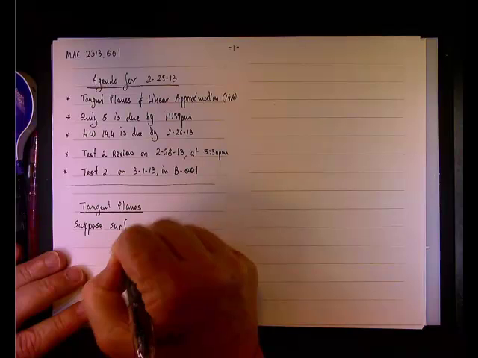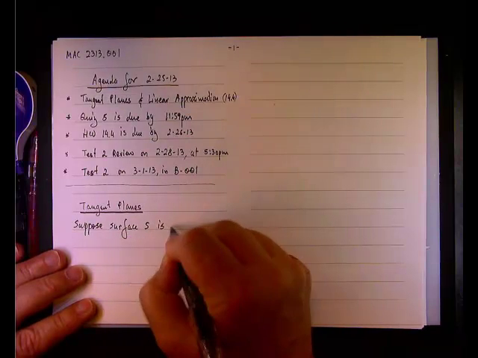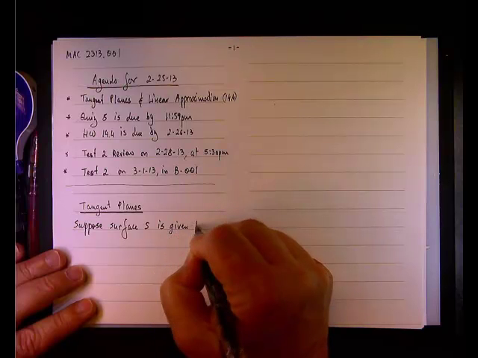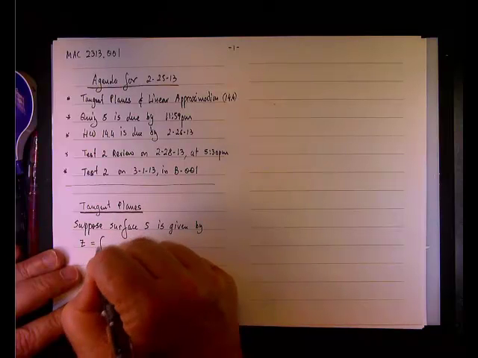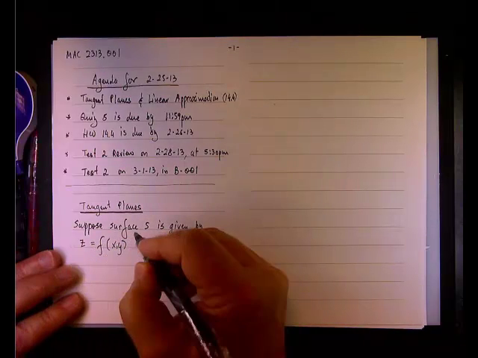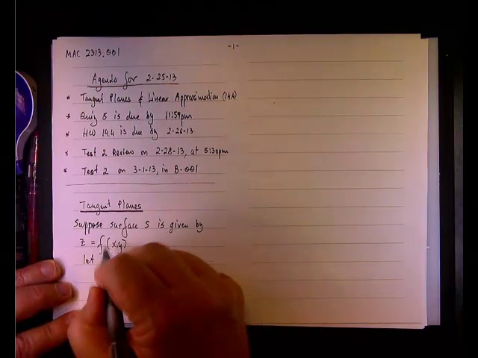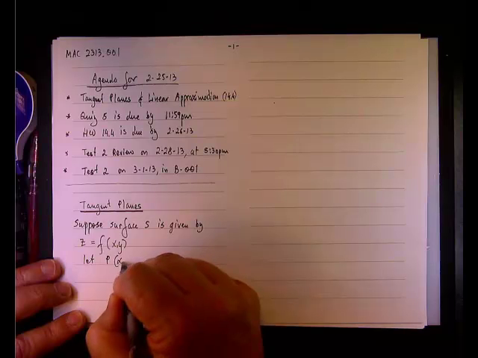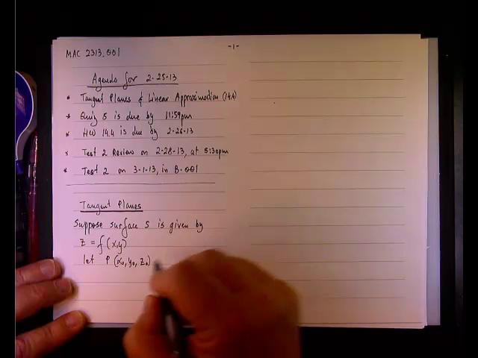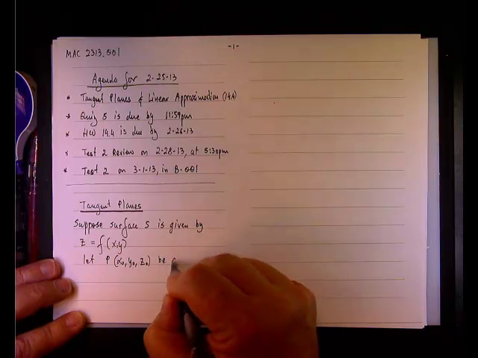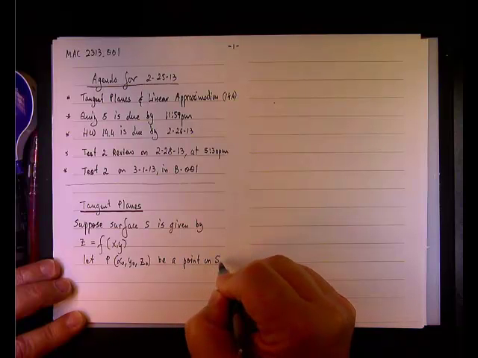So suppose surface S is given by the following function, z equal f of x, y, and we let the point P, with coordinates x sub 0, y sub 0, and z sub 0, be a point on S.